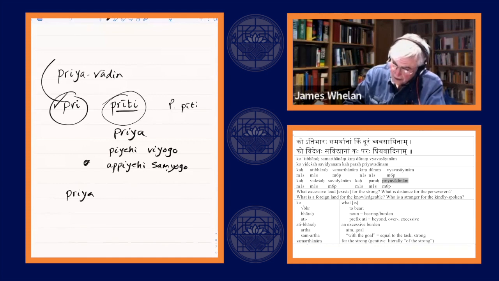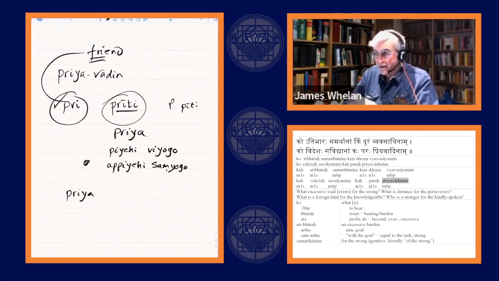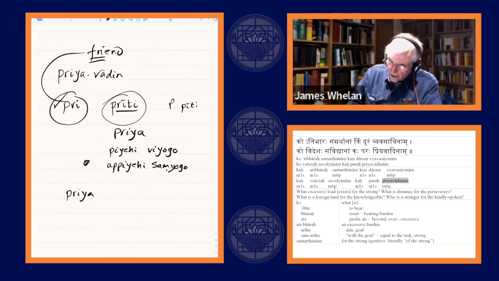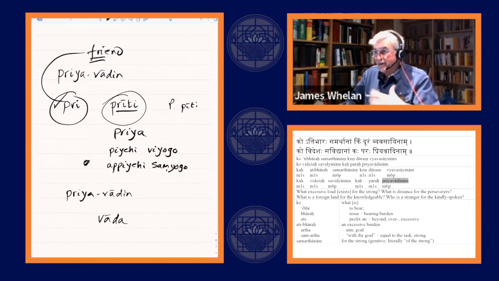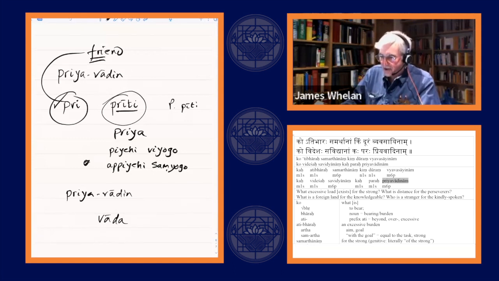Incidentally, it is cognate with our English word friend. It's from that same origin. So if you were a Priyavadin, it's from that same vada, speaking. We have the Theravadins, the Theravada, literally the saying of the elders, the teaching of the elders.